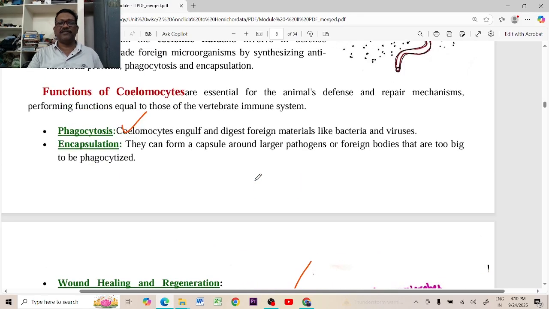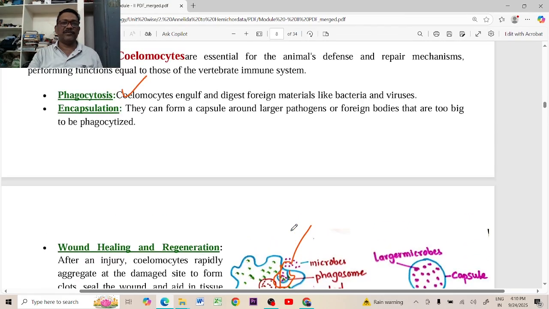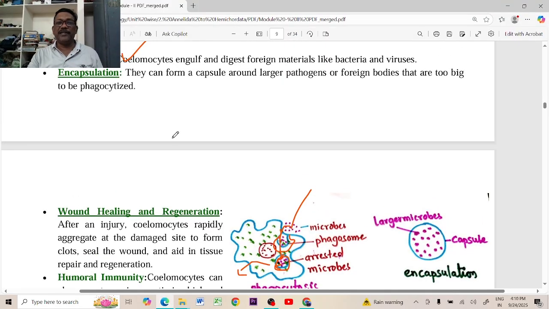Eosinophils, neutrophils, basophils, mast cells and dendritic cells can do this process in our body, in higher order organisms, vertebrates especially. But in these cases, coelomocytes present in the coelom of the annelids are providing immunity to the organisms by the phagocytosis process. But encapsulation, another process, is also there.